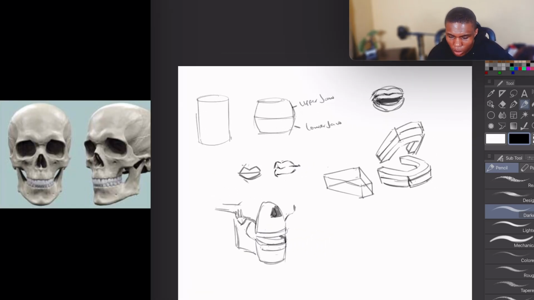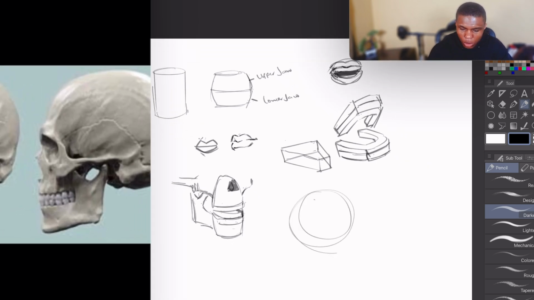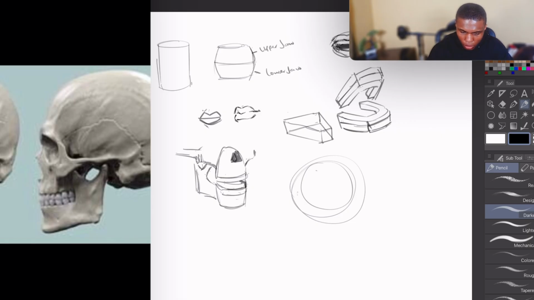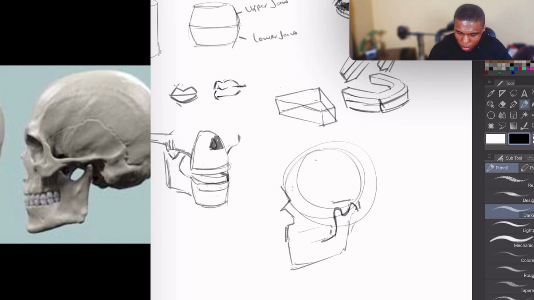So when you are looking at the skull from the side view, you're going to see that there is something that looks like a knot over here. Let me draw this quickly. Right here is the joint that makes up the lower jaw, something that looks like a screw, essentially.